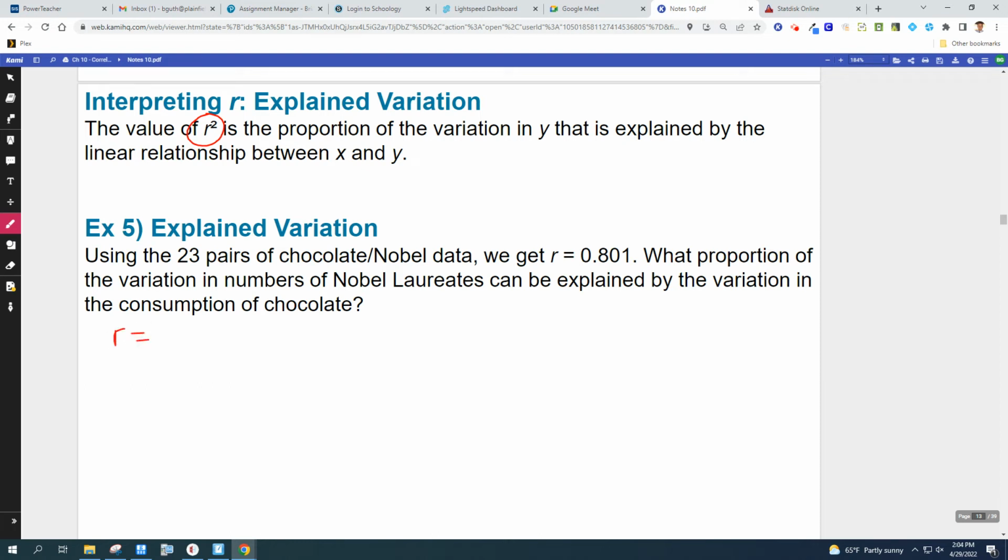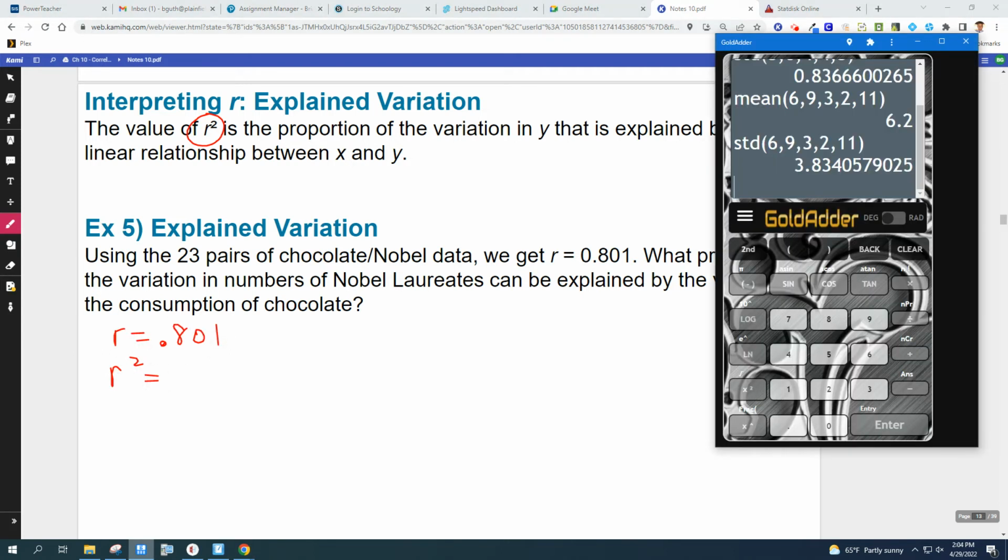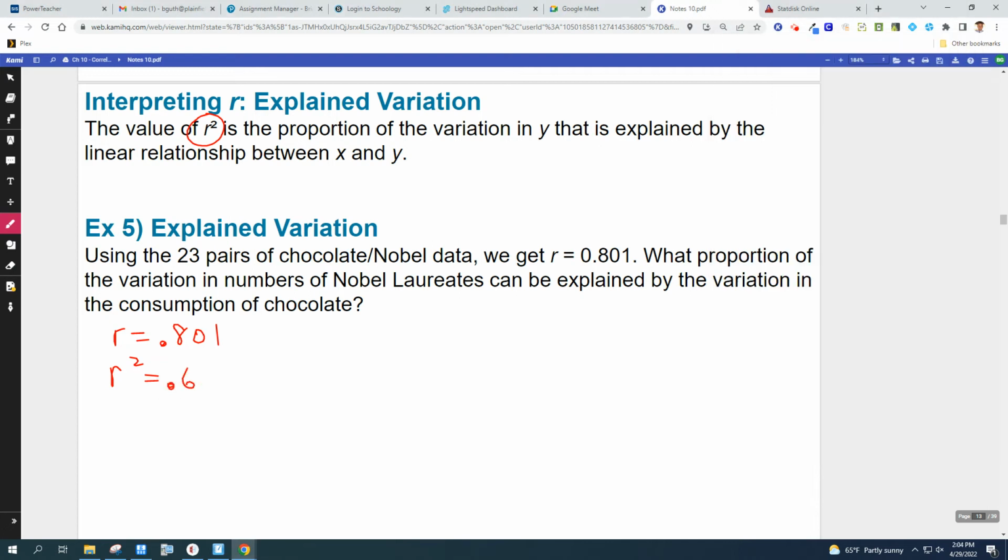So if r equals 0.801, then what's r squared? 0.642, or about 64%.